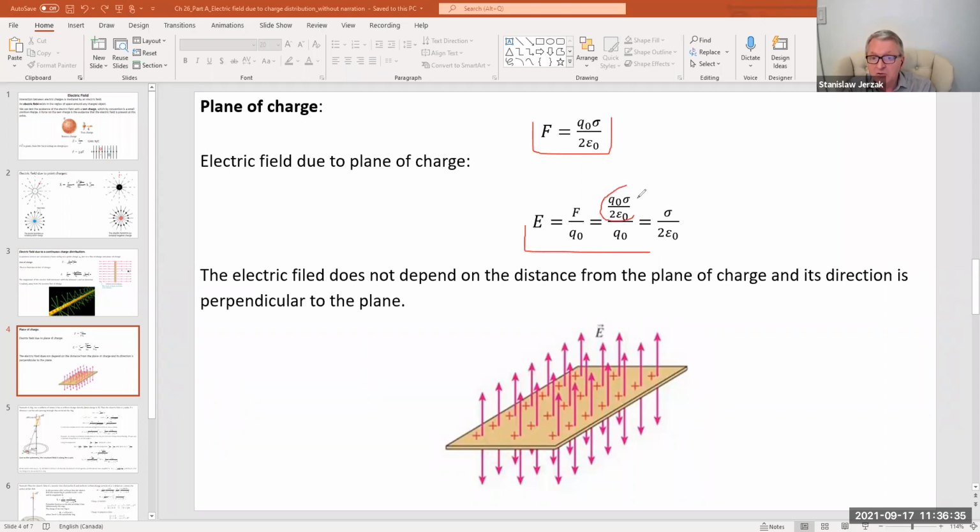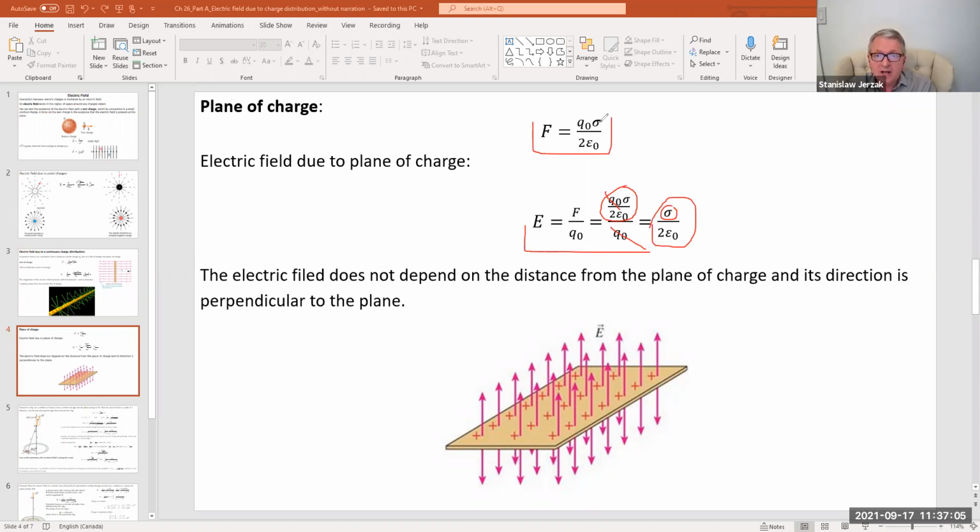I substituted the force, and again, Q0 will cancel, and electric field is just sigma divided by 2 epsilon 0. So electric field is independent of the distance from the plane of charge and depends just on the density of charge on the plane. If the density of charge on the plane is large, electric field will be large, but it is independent of the distance from the plane of charge. So that result will be needed in future lectures as well.